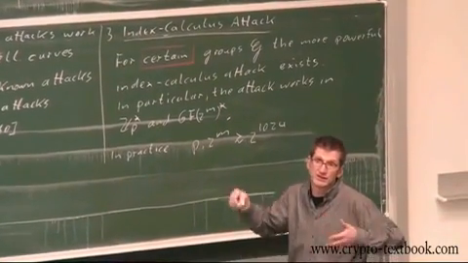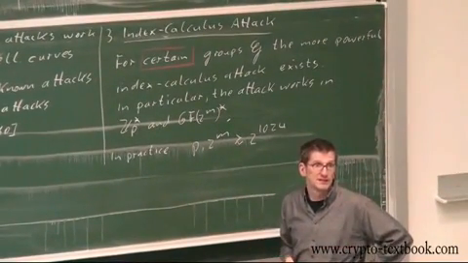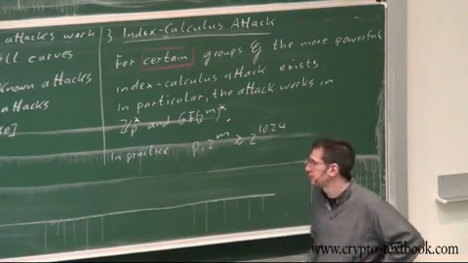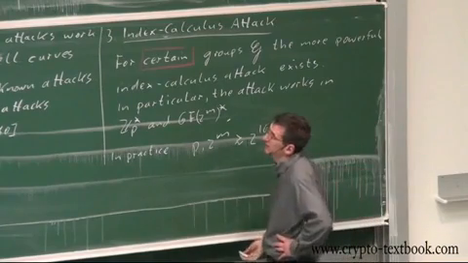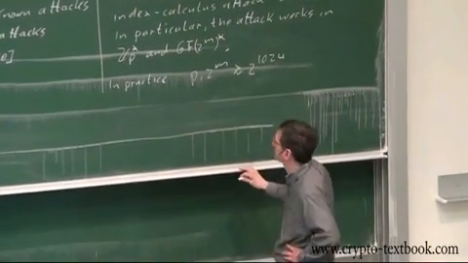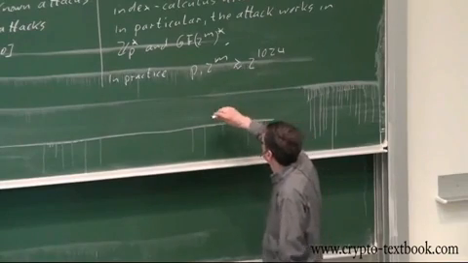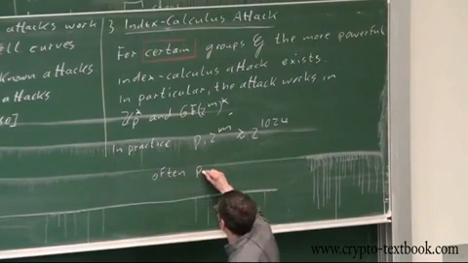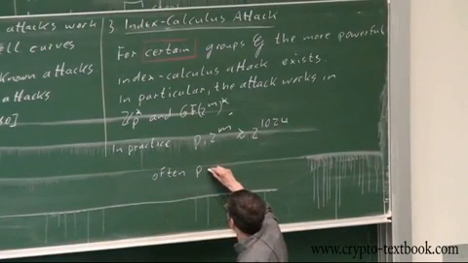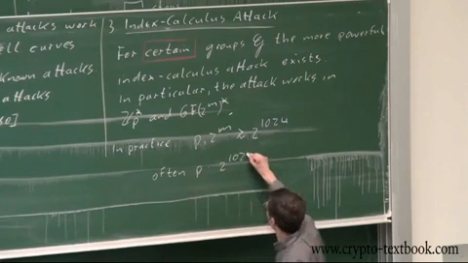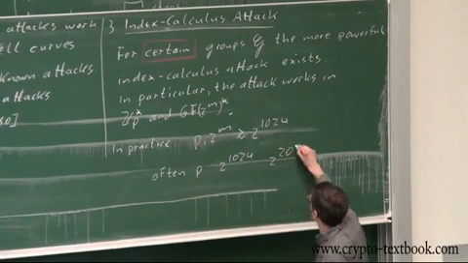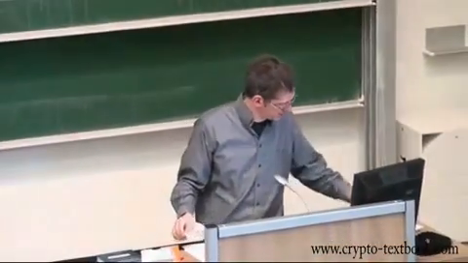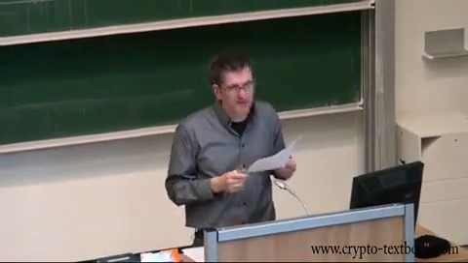I assume the research community could do 600 or 650 bits if they really wanted to, and intelligence agencies probably can do a little bit more with more computer power and maybe somewhat better algorithms. So in practice, p is often in the range of 1024 to 2048 bits. This is what people very, very often do.